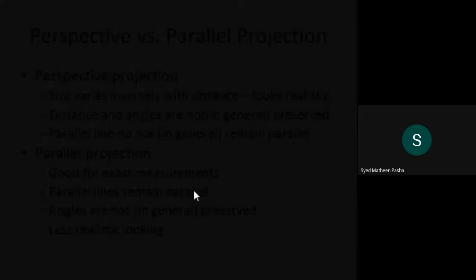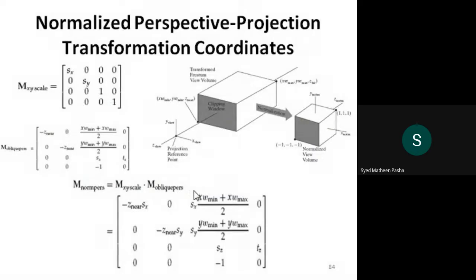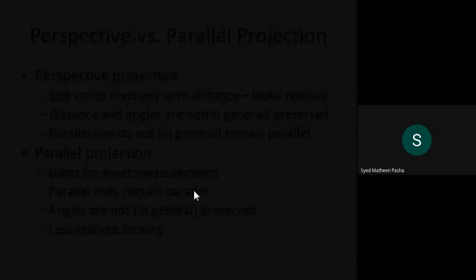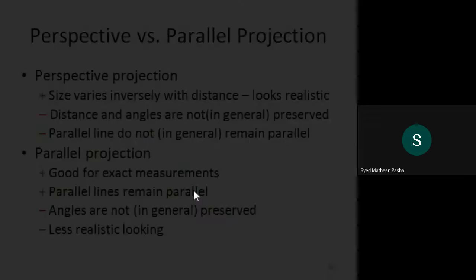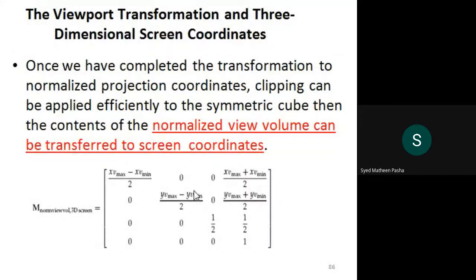Once the normalization of coordinates is done, we'll move on to viewport transformations with respect to different types of projection. Once we complete this transformation, we can start clipping efficiently so that we can get that normalized area. How that normalized area is drawn, that is, the contents of the normalized area are drawn.